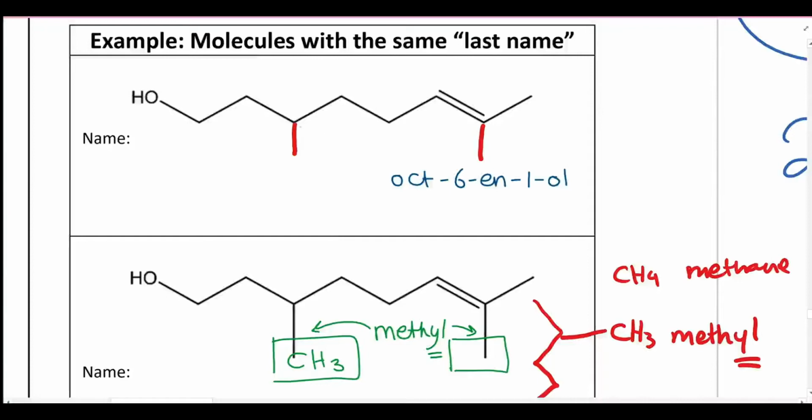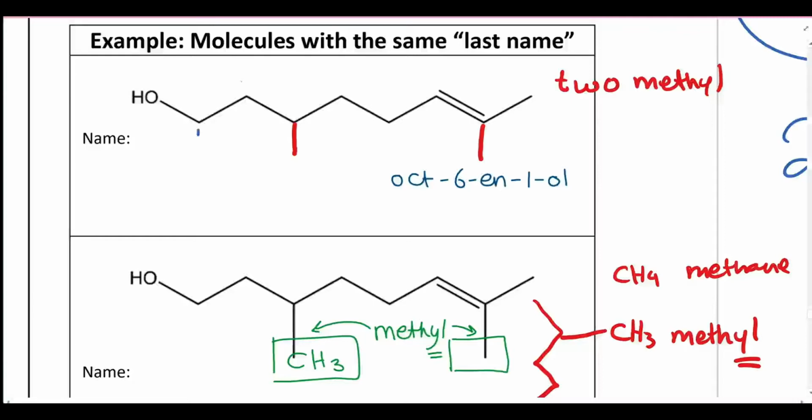So if there's a methyl group attached here and another methyl group attached on this side, the name is going to be slightly different. And all we have to do is figure out where it's located. So here I have 2 methyl groups attached to it, and specifically we have to know where their location is again.